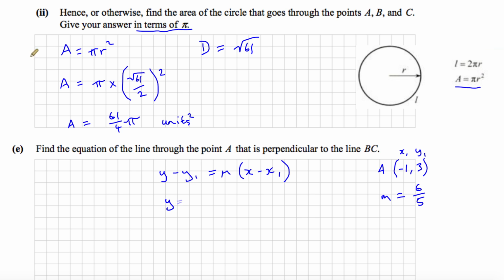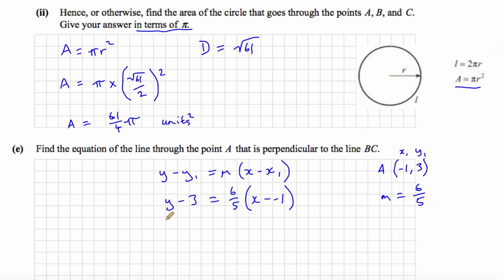So we get y minus y1, which is 3, is equal to m, which is 6/5, bracket x minus x1. X1 is -1, so watch out there, it's minus -1.